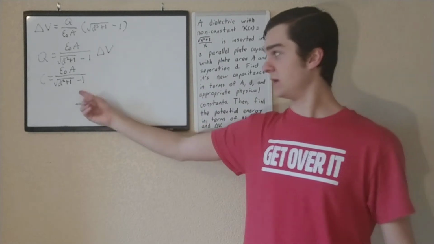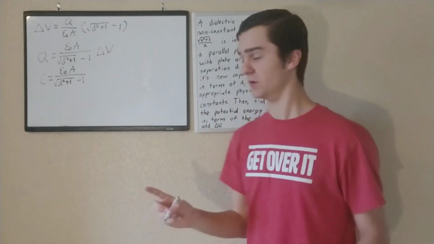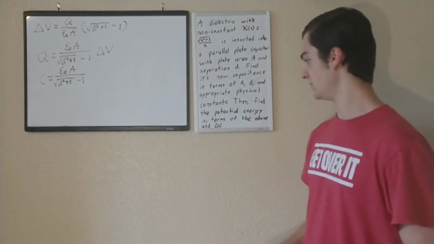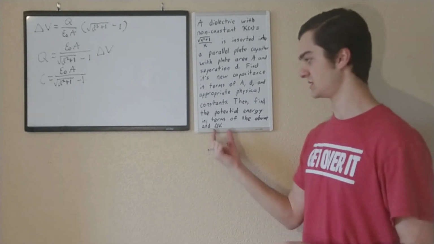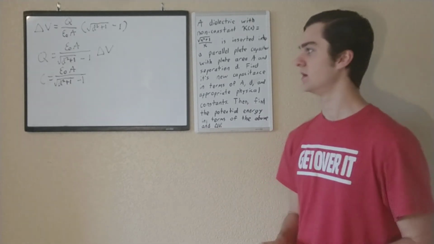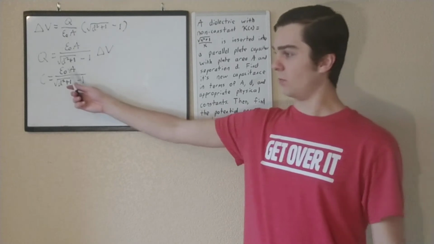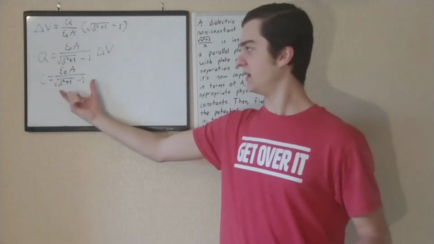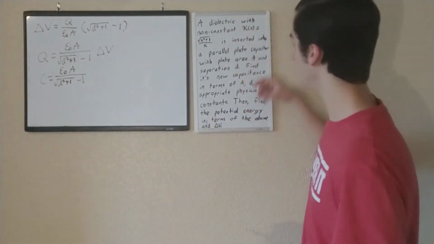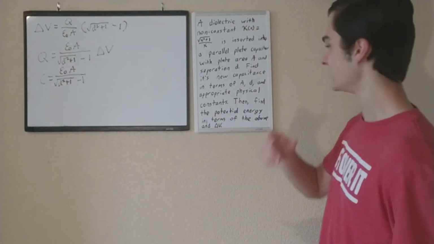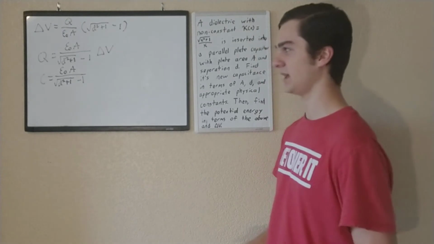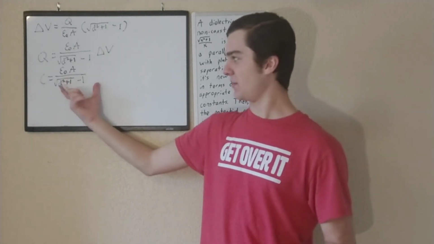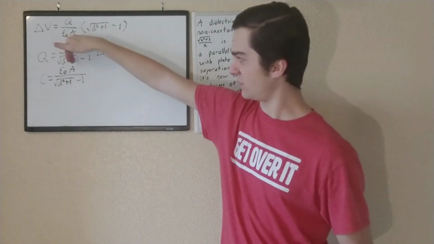So the final thing we have to solve for is the potential energy of the capacitor when charged to some voltage delta V. What's important to note here is that this capacitance is still just a number. Even though we started with this weird non-constant kappa function for our dielectric, the capacitance we ended up with is still just a number.